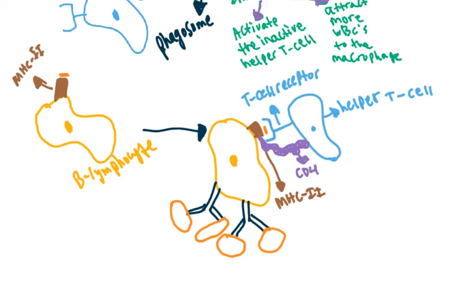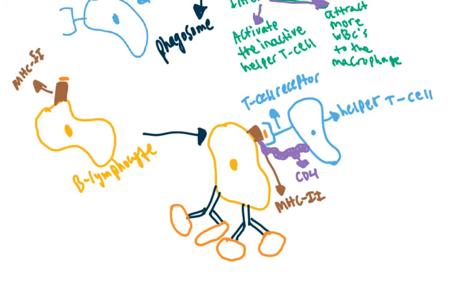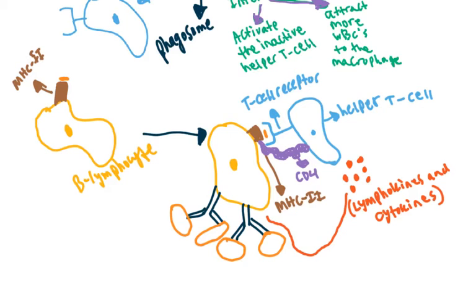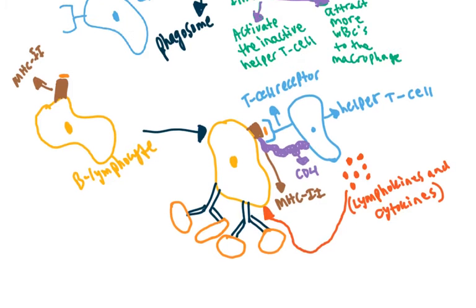But anyways, if we look at this part, once our helper T cell has successfully attached itself on this antigen presenting part via our CD4 glycoprotein and via our T cell receptor, then our helper T cell can go even more beast mode and start releasing some lymphokines and cytokines, so some inflammatory markers, that can travel over here and attach onto the B lymphocyte.